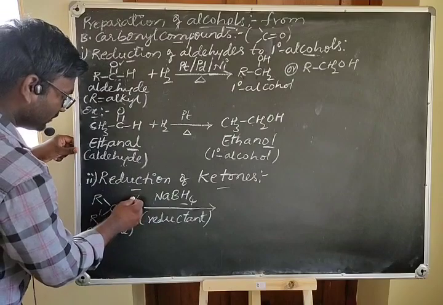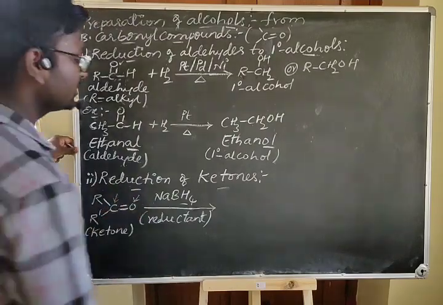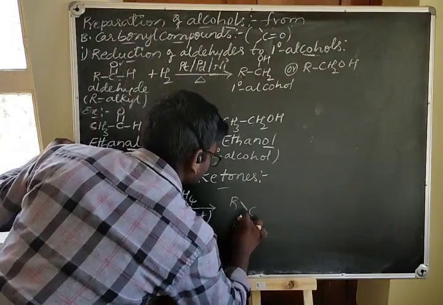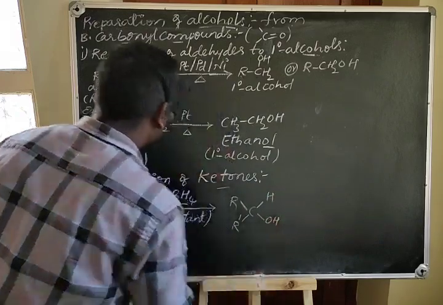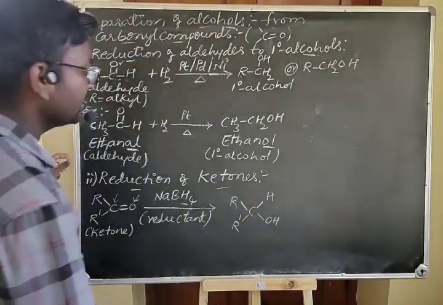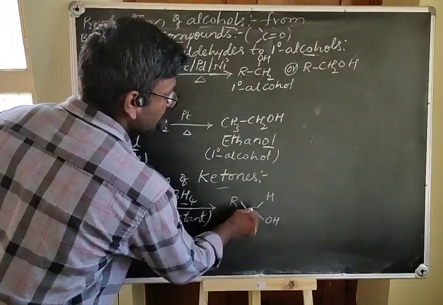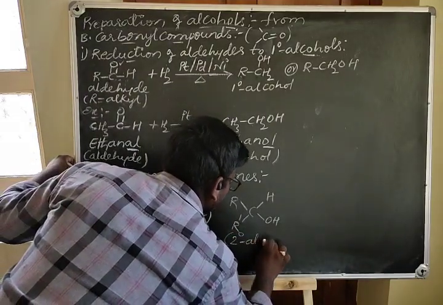One hydrogen will attack here, and another hydrogen will attack here. So you will get R C R dash with one hydrogen here and an OH group here. It is a secondary alcohol because the functional group-containing carbon is linked to two other carbons.